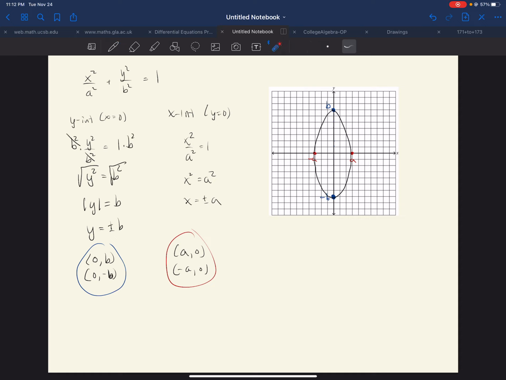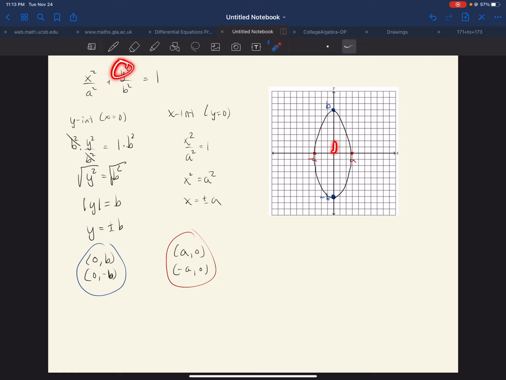The thing that I really want to tell you is the following. Notice the x is the left and right variable, and all you have to do is look right below the x, take that number and square root it, because the square root of a squared is a. Because x does the left-right, we're going to go left a, and we're going to go right a, and put a dot.